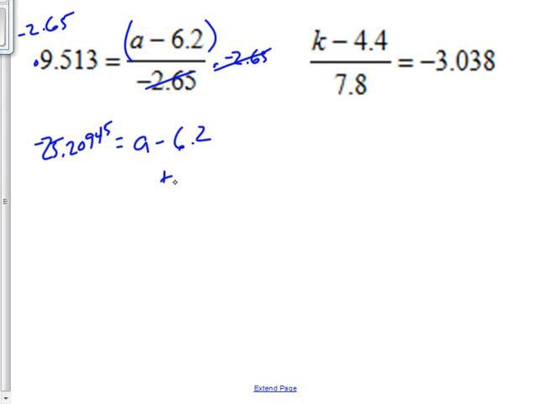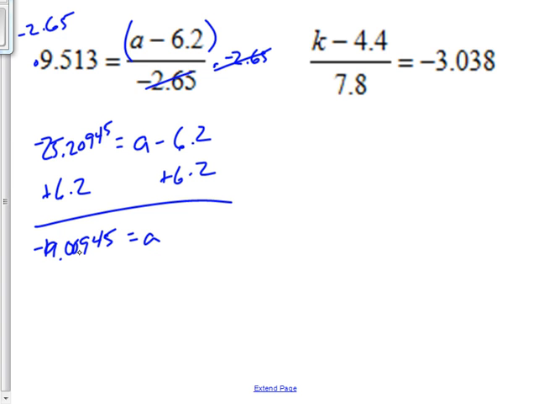All right, now we need to add 6.2 on both sides. We're going to get A is equal to, now this will be a negative, so we'll just go ahead and subtract the 6.2 from 25.20945. We get negative 19.00945. Okay, so we get some long decimals here, but that's fine.